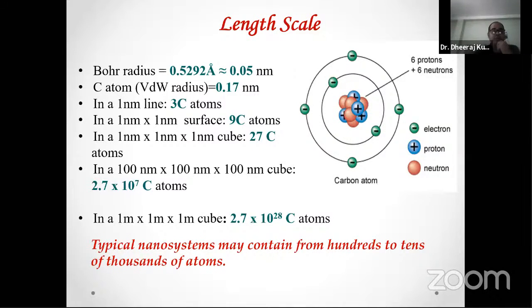In a three-dimensional cube of 1 nanometer side, it requires 27 carbon atoms. Up to the maximum nanoscale range, that is 100 nanometers, it requires 2.7 times 10 to the power 7 carbon atoms, while a bulk system of 1 cubic meter requires 2.7 times 10 to the power 28 carbon atoms. This means in nanoscience we are dealing with a number of atoms less than 10 to the power minus 21 in comparison to bulk materials. Next slide.